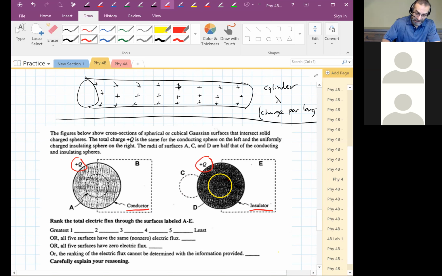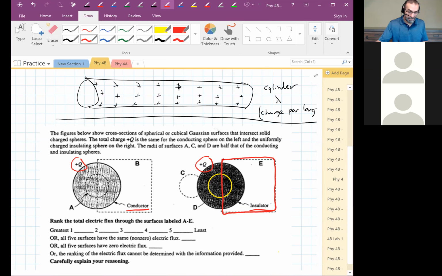D is this yellow line. It didn't come out well on the photocopy machine, but D is this thing here, and so it's the same size as A, and it's also at the center. And then E is just like B. It cuts the sphere in half.